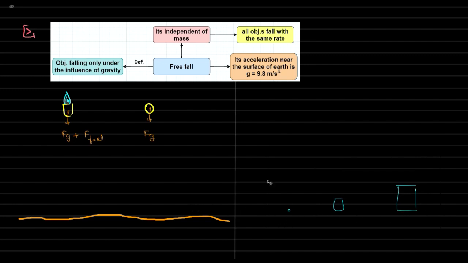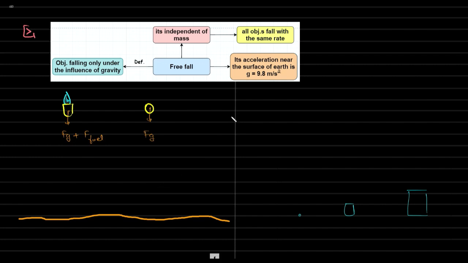So all the things on a surface which has no air or fluid, if they're falling, they'll fall at the same rate, independent of the mass. The mass of an ant is much less than that of you, but it is independent of the mass. All of them will fall at the same time with the same pace.